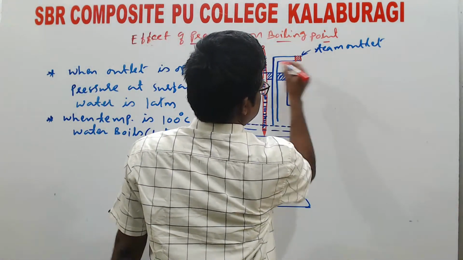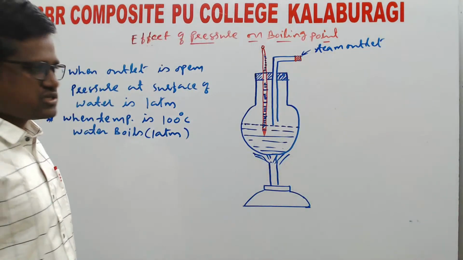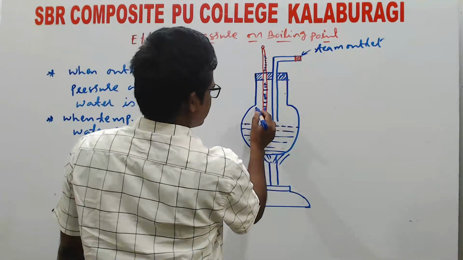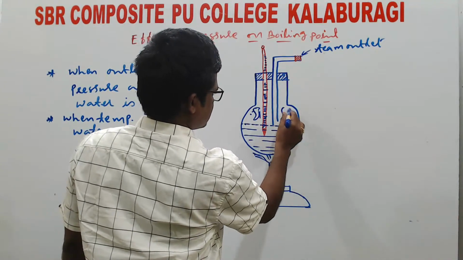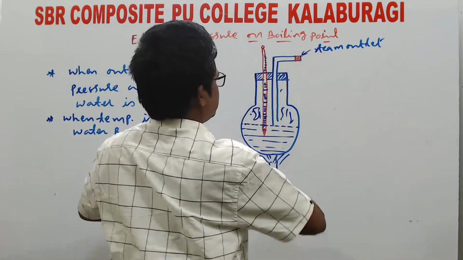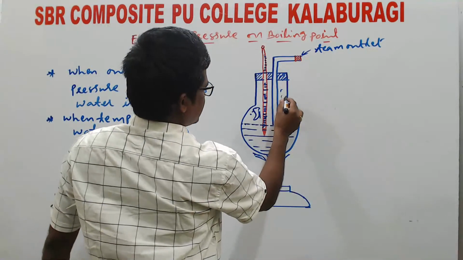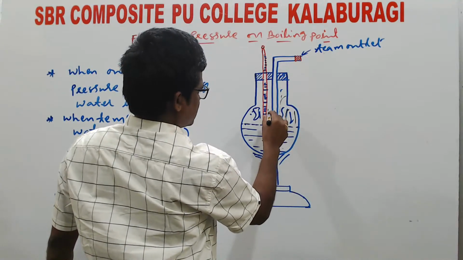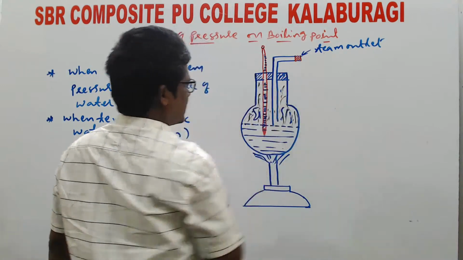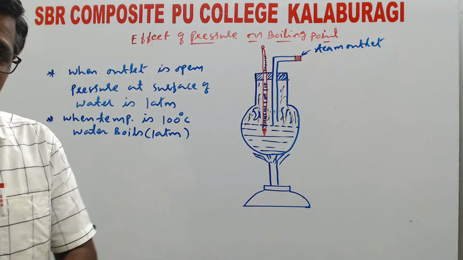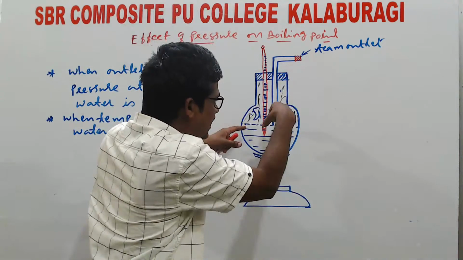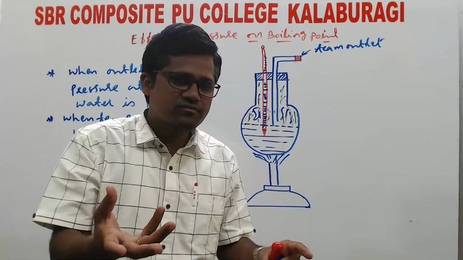When I close it, the water vapor so formed, the steam, will accumulate here only. Water is at 100 degrees and water vapor is there. Right or not? So now we can think, as I close this steam outlet, the pressure on the surface of water will become more.